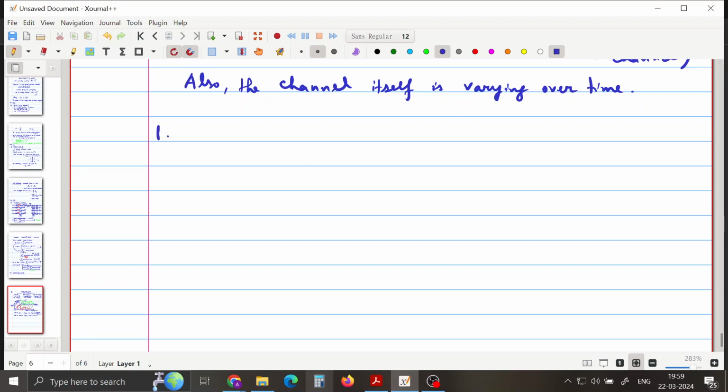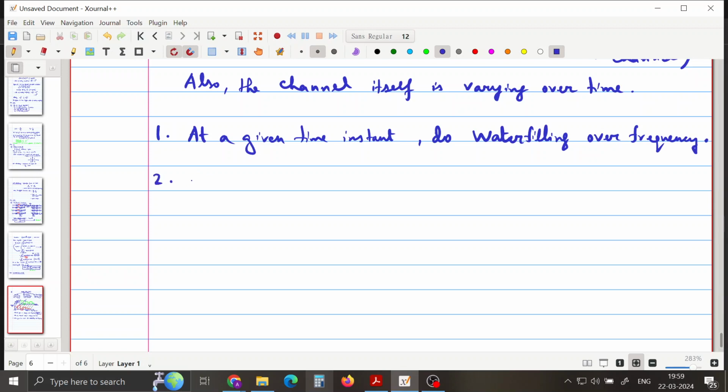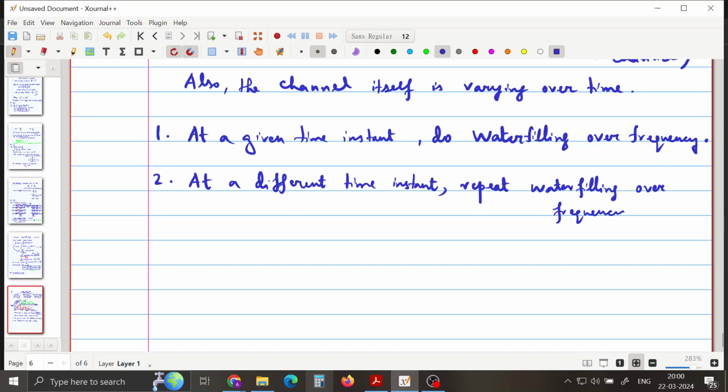So what has to be done is, at a given time instant, we'll do water filling over frequency, and at a different time instant we'll repeat water filling over frequency.